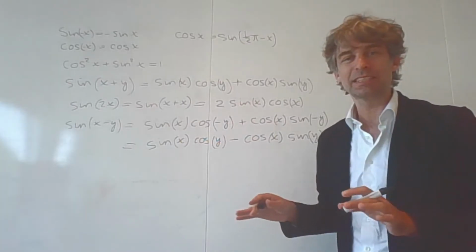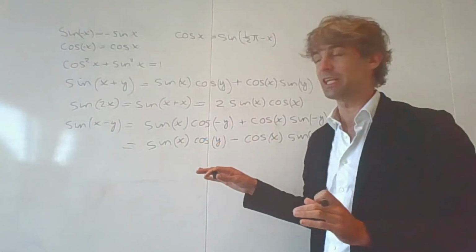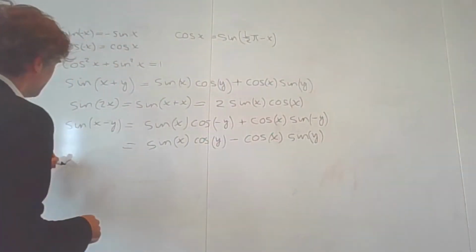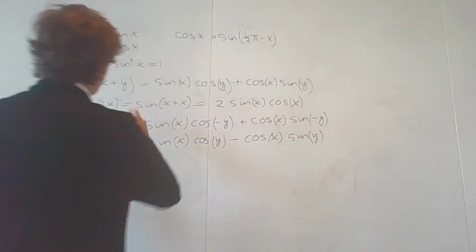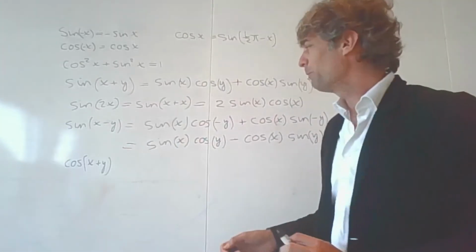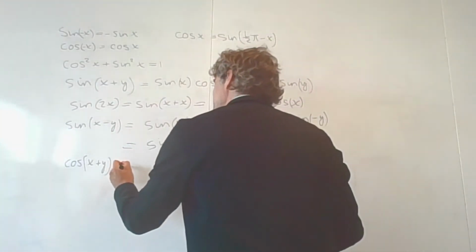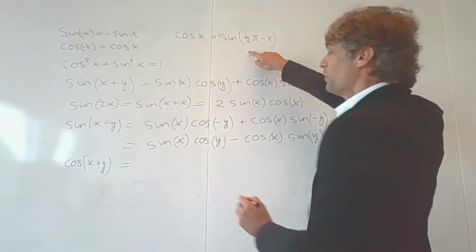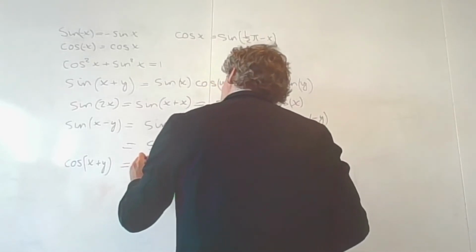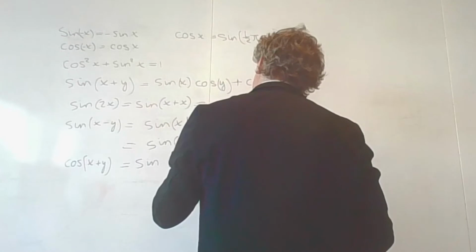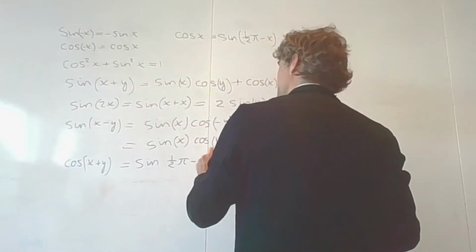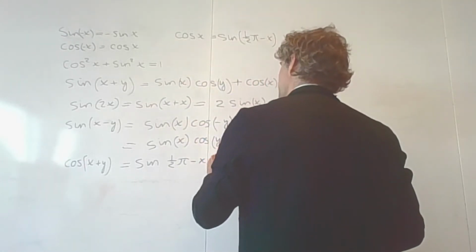And now the more exciting one is to jump to the cosine. So how do we do cosine of x plus y? If all we remember is this one, what do we do? We just say this equals, using this formula, the sine of half pi minus x plus y, so that's minus x minus y.